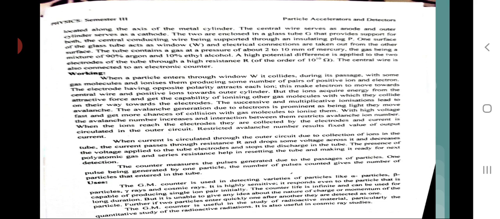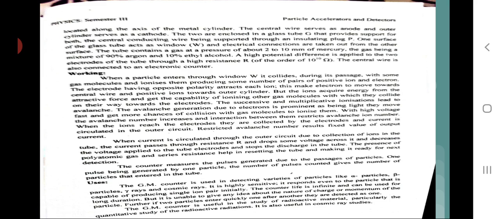When current circulates through the outer circuit due to the collision of the ions in the tube, the current passes through resistance R and drops some voltage across it, which decreases the voltage applied to the tube electrodes and stops the discharge in the tube.